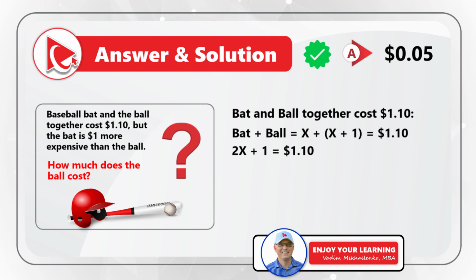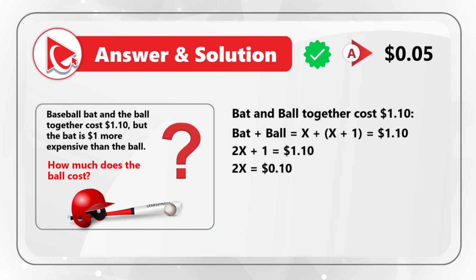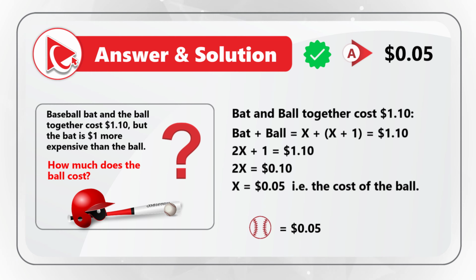If we simplify, we would find out that 2X equals 10 cents, which basically means 2 balls equal 10 cents, which means that the cost of 1 ball, the X, equals 5 cents. That tells us that the cost of the ball is 5 cents and the cost of the bat is $1.05.